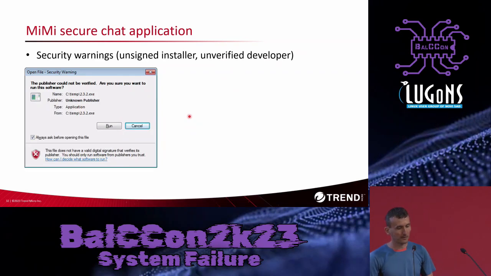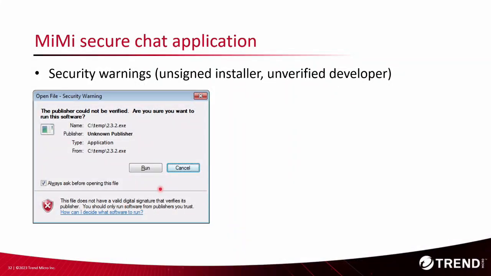It's important to notice that when you run MimiChat on your computer, it usually displays some warnings. In Windows, there is one warning that the digital signature was not verified. The victim clicks run, ignores it, and gets infected. On macOS, there have been a few more warnings.